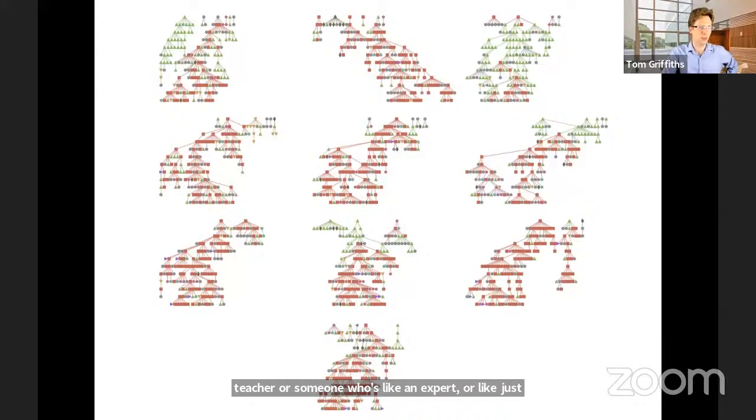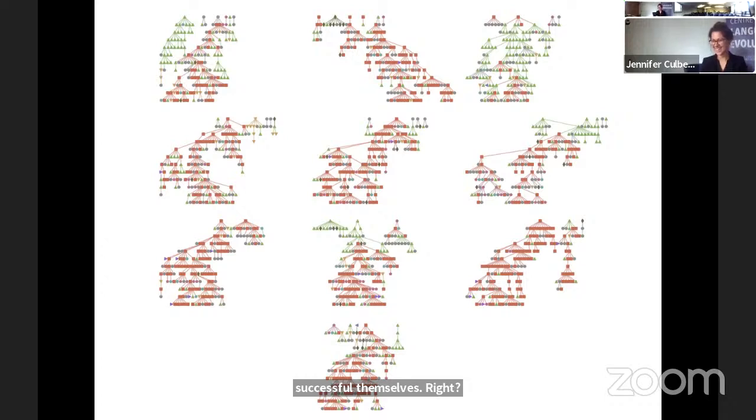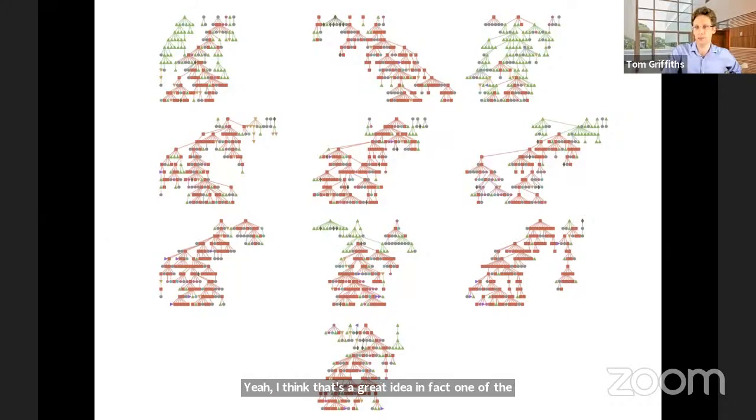So the strategy is to choose the teachers who have successful students, not the teachers who are successful themselves, right? Yeah, I think that's a great idea. In fact, one of the things we needed to do to make our experiment work was how we gave people their bonuses. One secret for running these evolutionary simulations effectively is you don't just give people a bonus based on their score, but based on the scores of the people who learn from them.